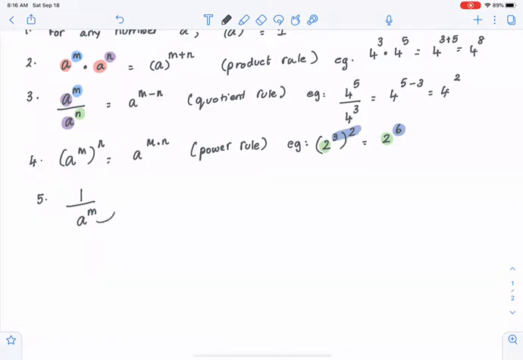So if a raised m moves to the numerator, you will get a raised negative m. For example, if I have 1 over 8, the power of 8 here is 1. If I move it to the numerator, I can write it as 8 raised negative 1.